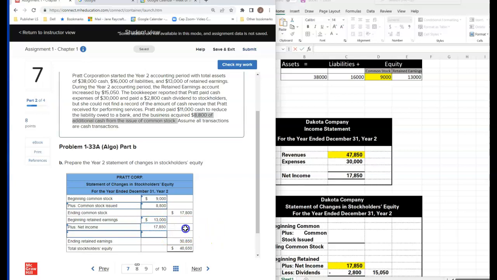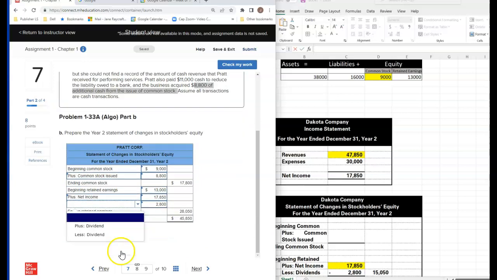Thank goodness we did that in the last round. Our cash dividends are subtracted out, $2,800. We're going to subtract our dividends. And so there is our stockholders' equity.